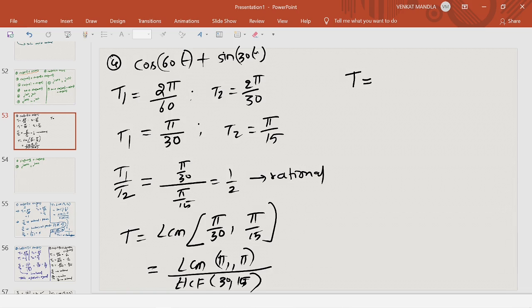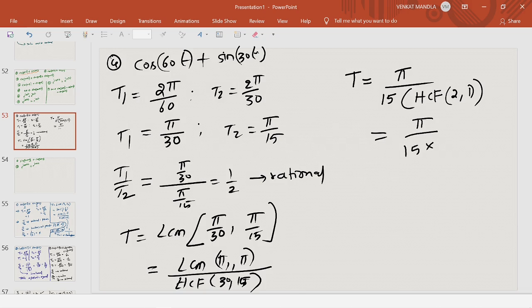LCM of pi and pi is pi. Highest common factor of 15 and 30: take 15 common, and the HCF of 2, 1 is 1. It is pi by 15. This is the fundamental period.